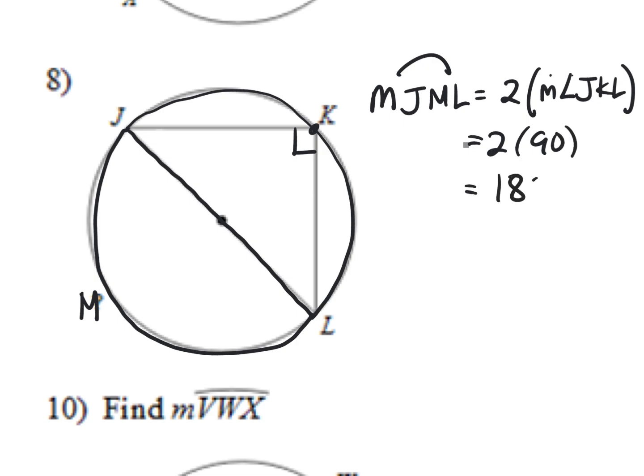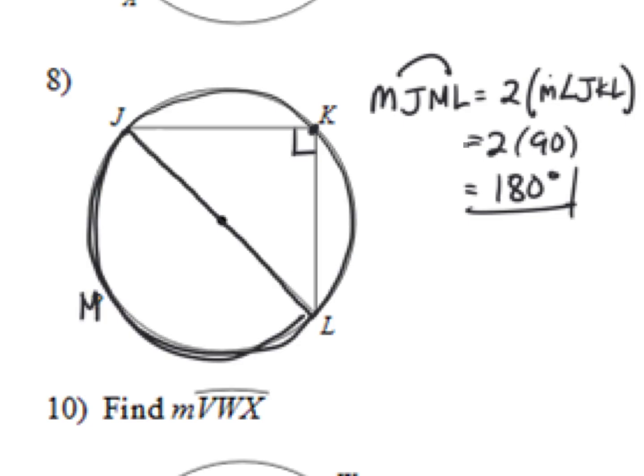It's going to give you 180 degrees. Now, it's going to confirm it: it's 180 because this is actually a semicircle.